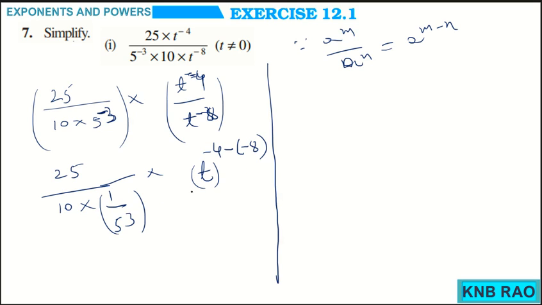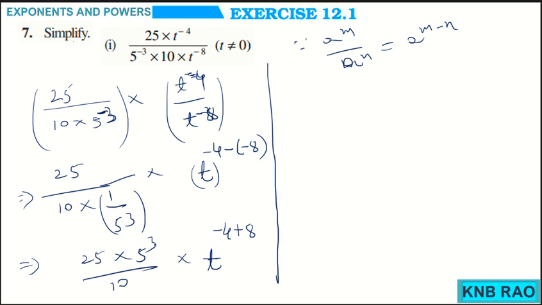So in my next step, 25 into 5 cube by 10. So this denominator's denominator has gone up, into t raised to the power, removing the bracket here, minus 4 plus 8, since minus minus becomes plus 8.